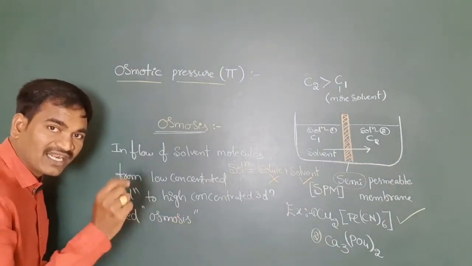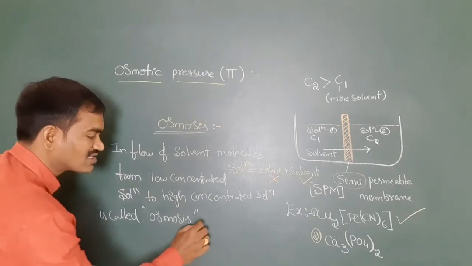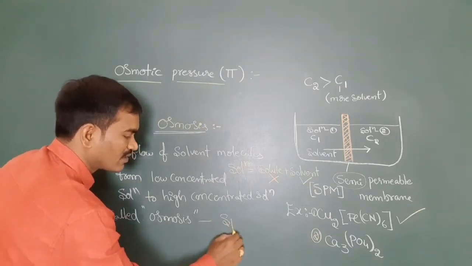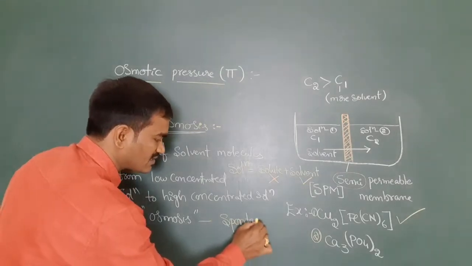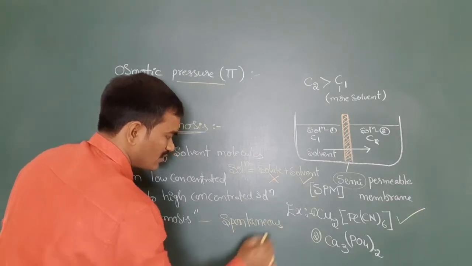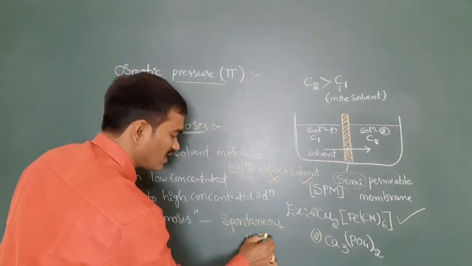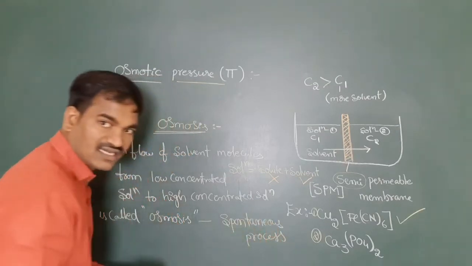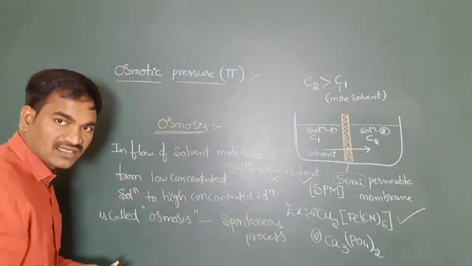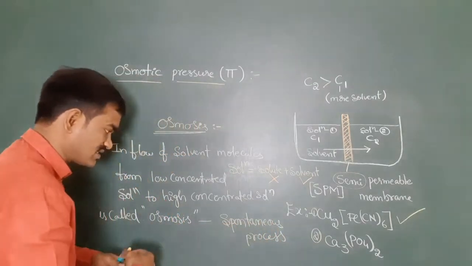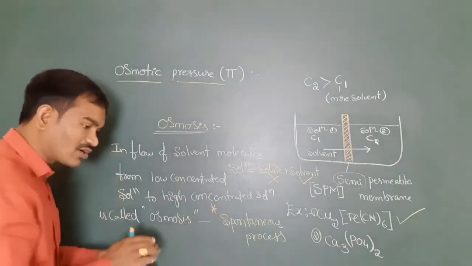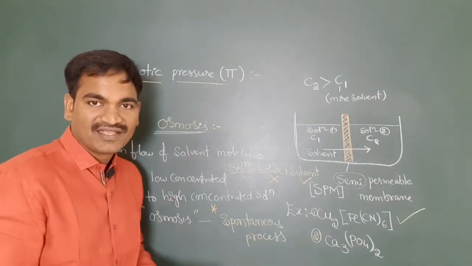One important point I want to tell you here is that osmosis is a spontaneous process. You have to have clarity. Is it clear? So osmosis is nothing but a spontaneous process. You need not do anything, automatically it takes place.